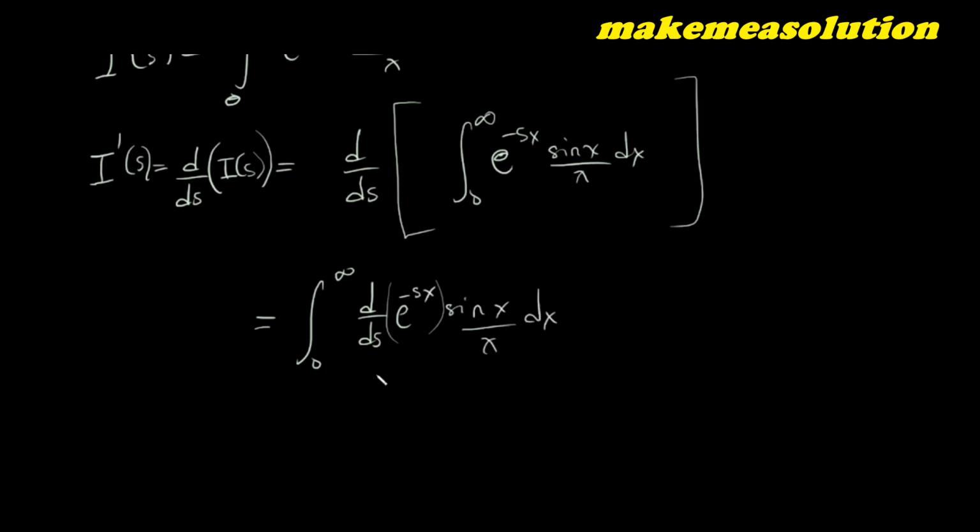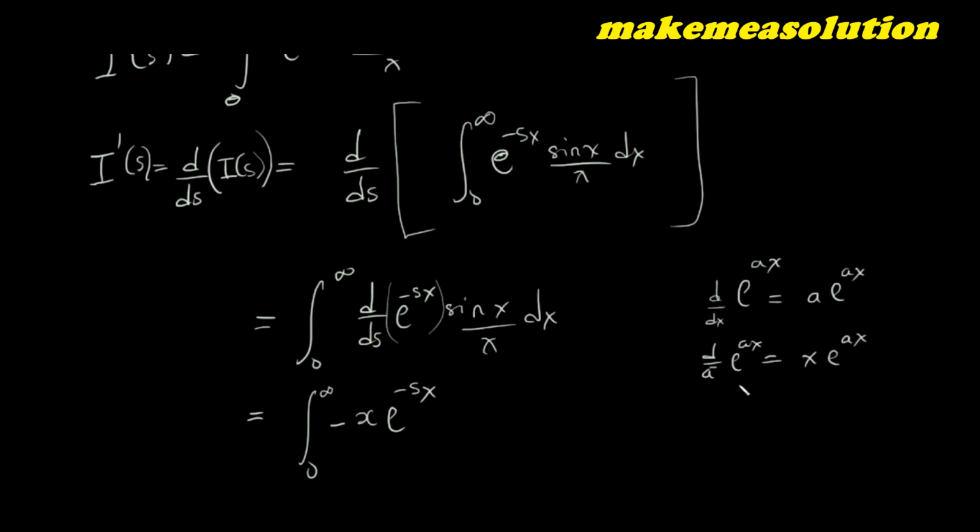When I differentiate this term with respect to s, remember that differentiating exponential ax with respect to a gives x exponential ax. I hope you remember these rules of differentiation.